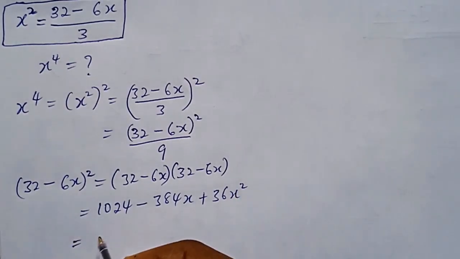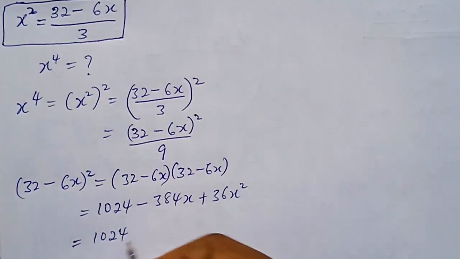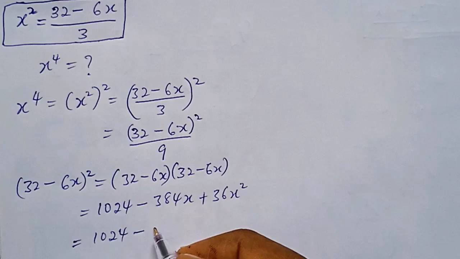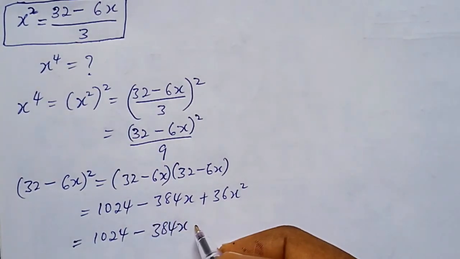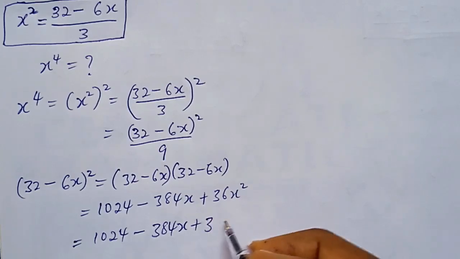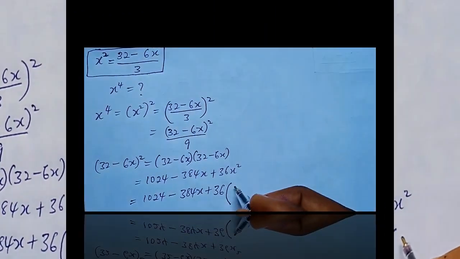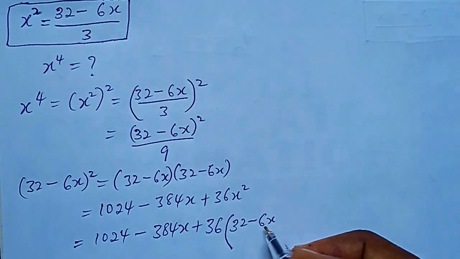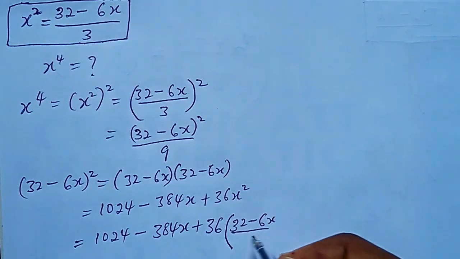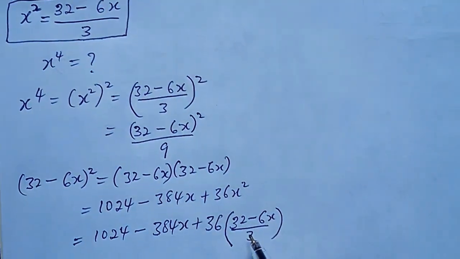So we now have 1024 minus 384x plus 36 into bracket 32 minus 6x over 3, which is the value of x squared.